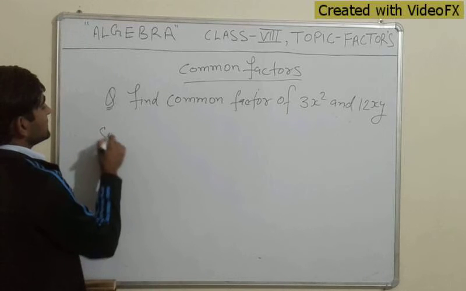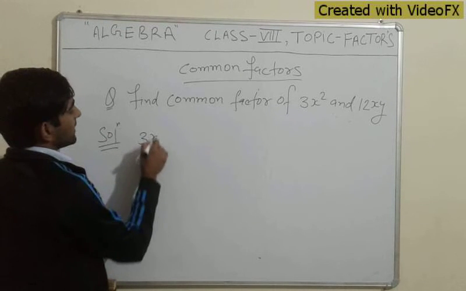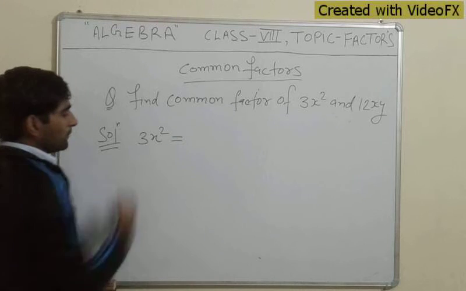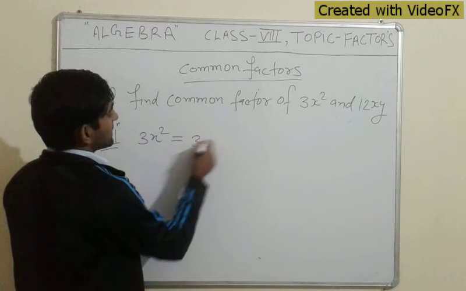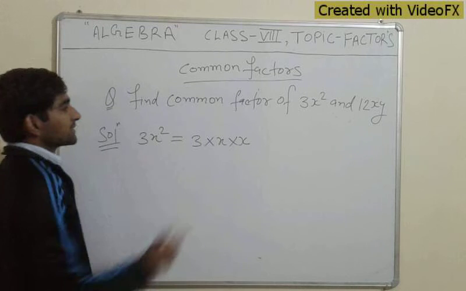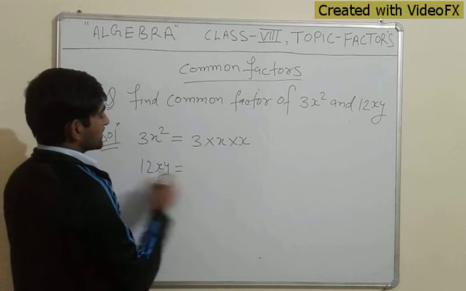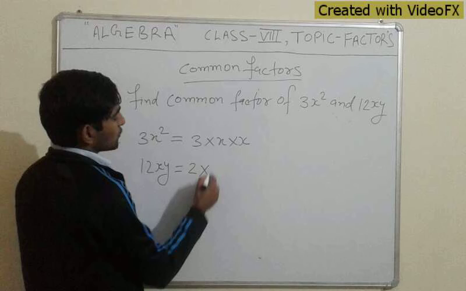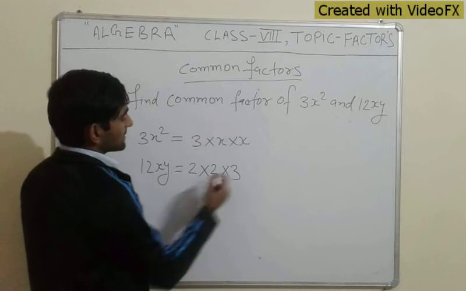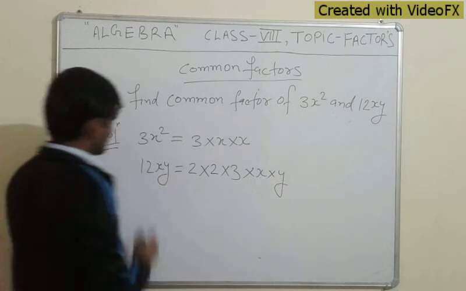First, in the solution, we write 3x square in factor form, and this is 3 multiply x multiply x. Then we write 12xy in factor form. This is 2 multiply 2 multiply 3 and x multiply y.